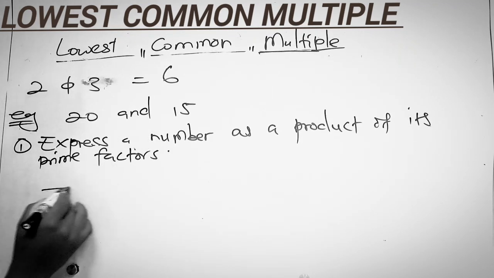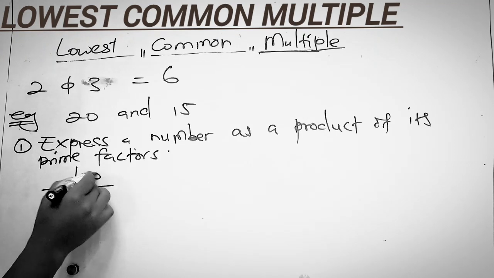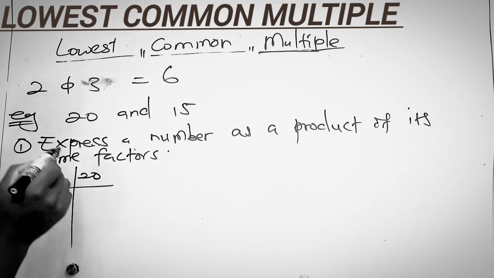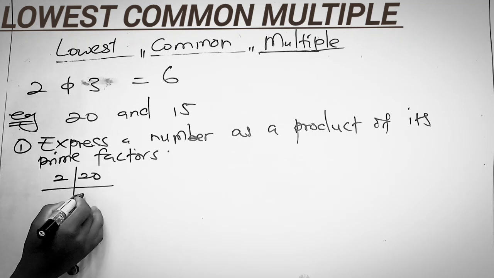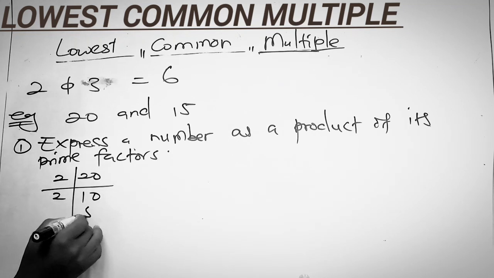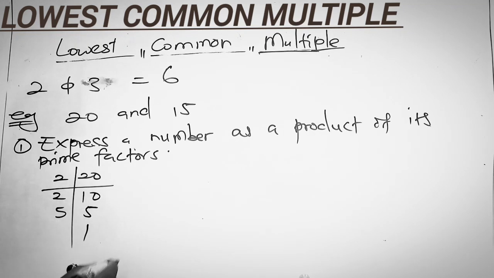So let's express 20 as a product of its prime factors. The smallest prime factor is 2. 2 into 20, 10, 2 into 10, 5, 5 into 5, 1.